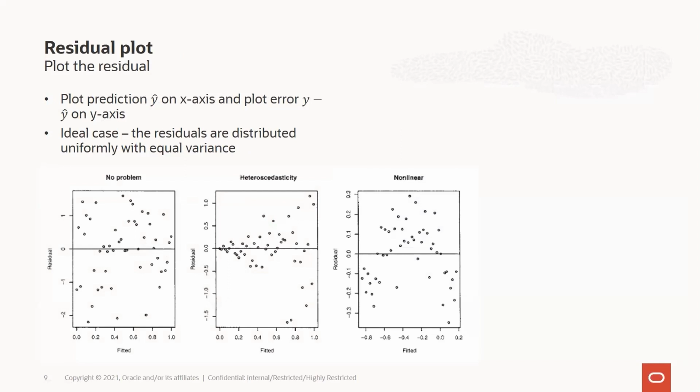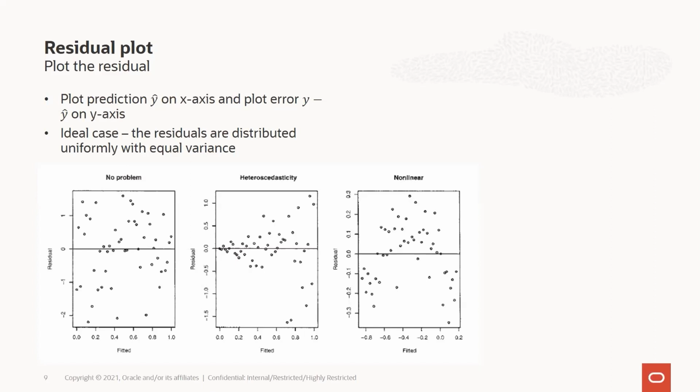Another plot is very interesting, what we call the residual plot. We can plot the prediction on the x-axis, here called fitted, and then plot the error on the y-axis. If you recall the assumption of linear regression, we assume that the actual value y consists of two parts. One part is something you can predict using all the features, and the other part is the uncertainty, which is the error.